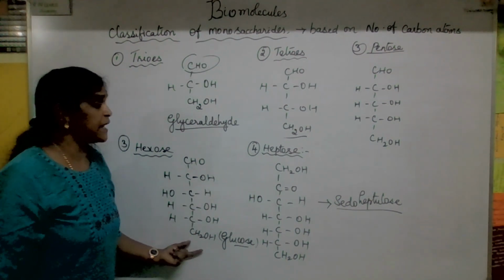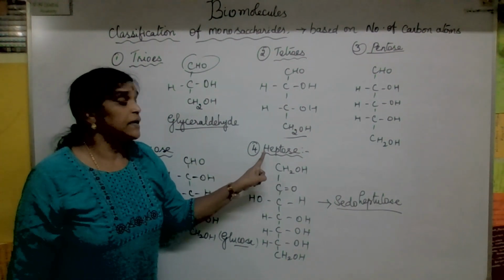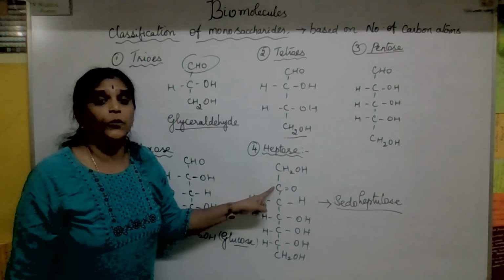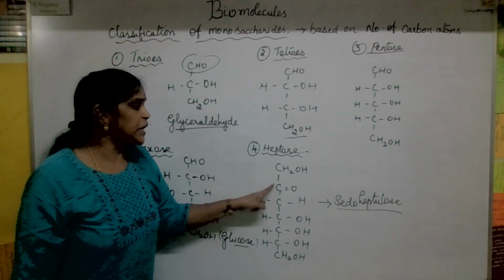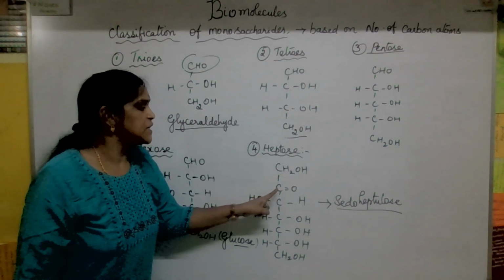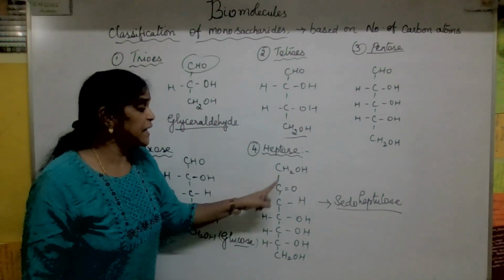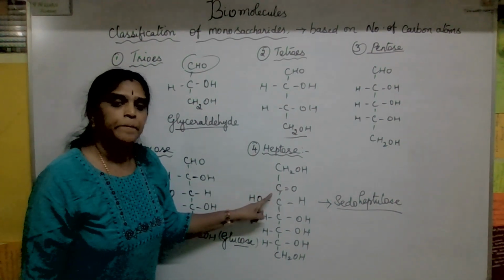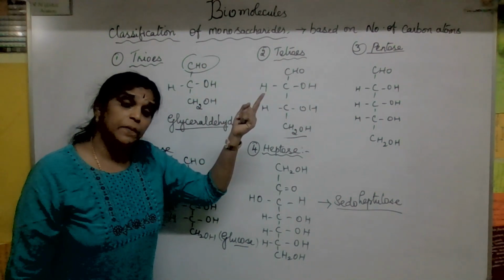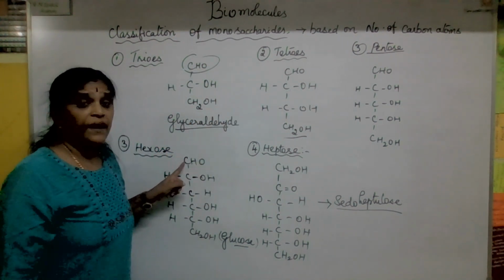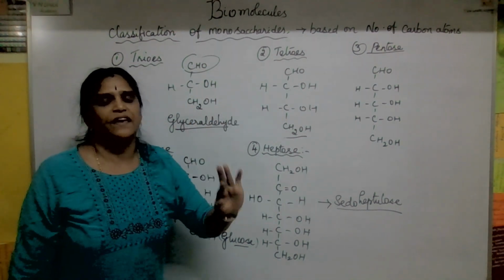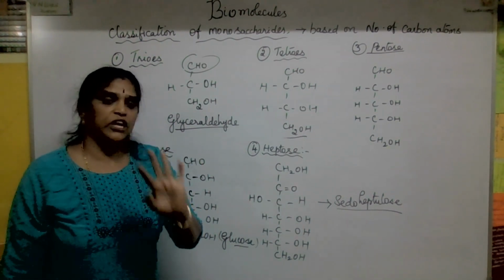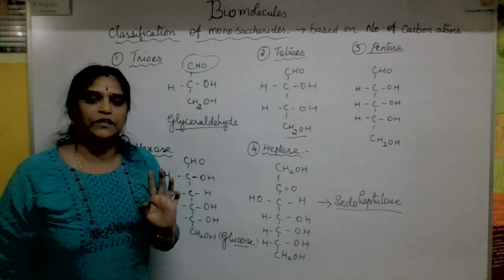Okay, now next one here, heptose. In heptose they brought the keto group. So here the keto group, CH2OH, here 7 carbons will be there. In that, the second carbon will be the keto group. Usually the keto group will be on the second carbon, and the first carbon is aldehyde only. Usually only the second carbon will have the keto group. CH3, CO, CH3, keto group. So it will be in the middle part of the chain only.